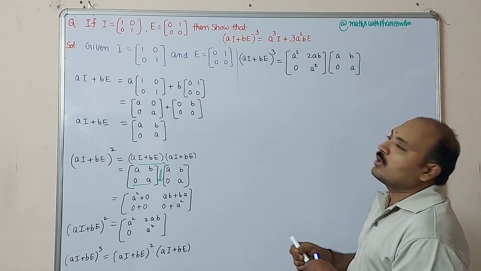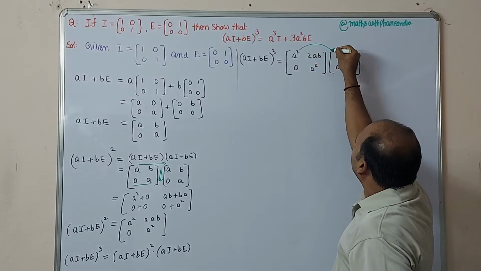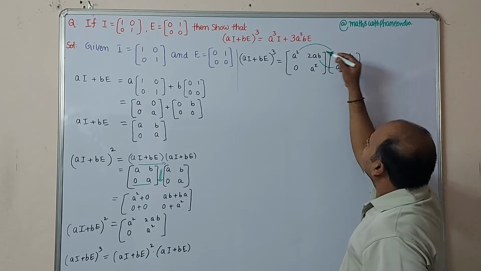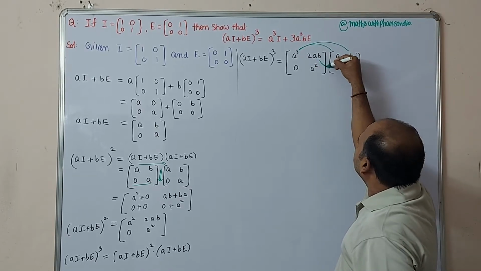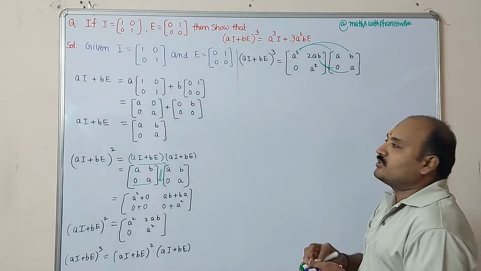Here also the actual multiplication is like this first. These two have to multiply, later these two. Next these two have to multiply, later these two. This is the way we can do, dear students.